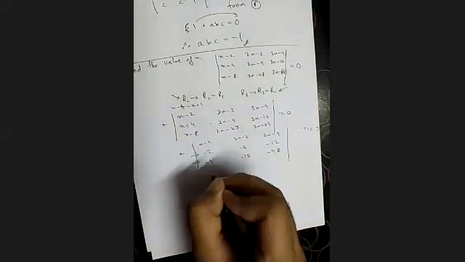If you apply this operation, you will get x minus 2, 2x minus 3, 3x minus 4, minus 2, minus 6, minus 12, minus 4, minus 18, minus 48. Now take minus 2 common from R2 and R3.